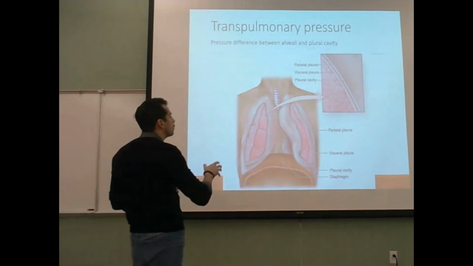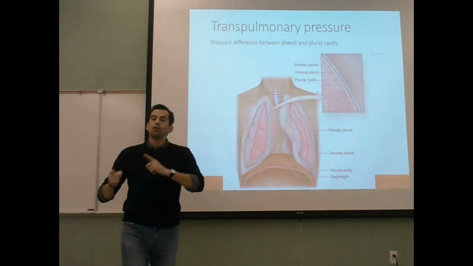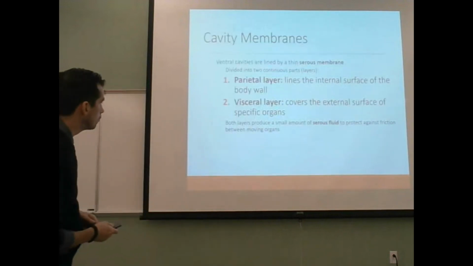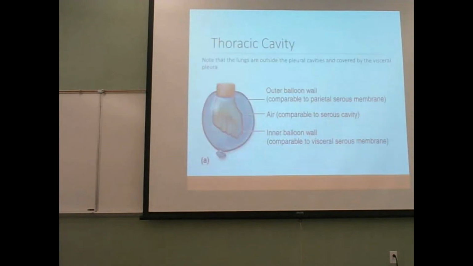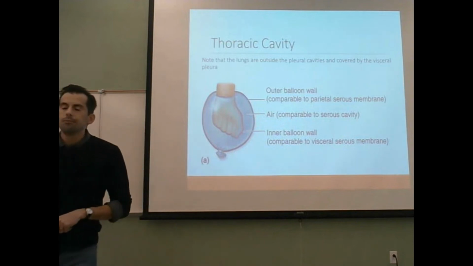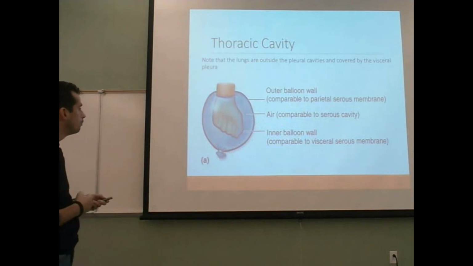And that's the character of the pleural cavity that allows, every time the ribs move, the lung tissue to move right along with it. Now remember, the lungs are not found inside the pleural cavity. The pleural cavity surrounds the lungs, and that's what makes this principle really effective.